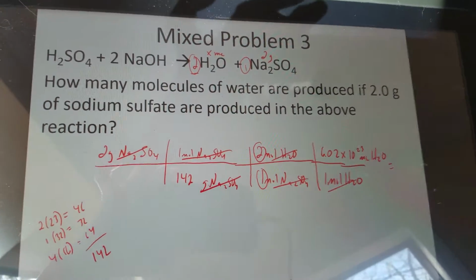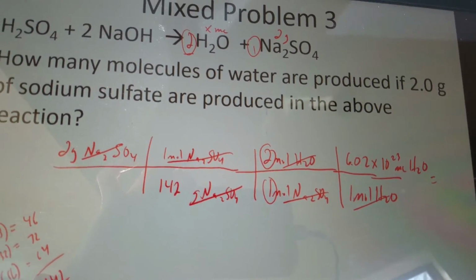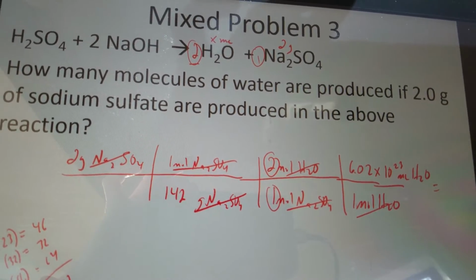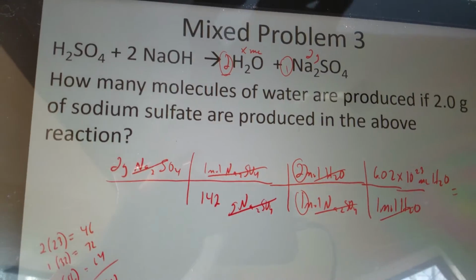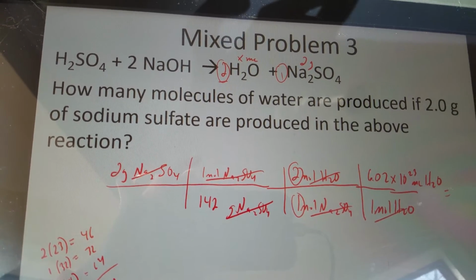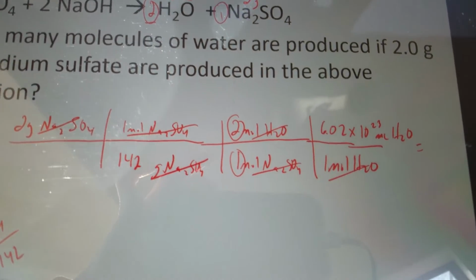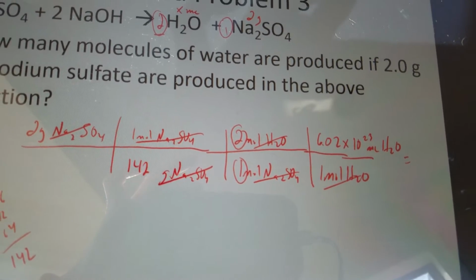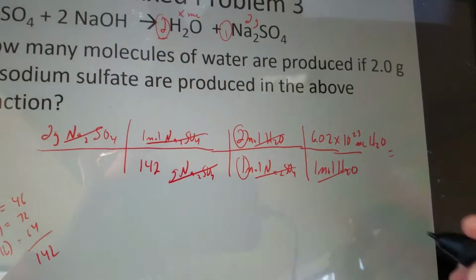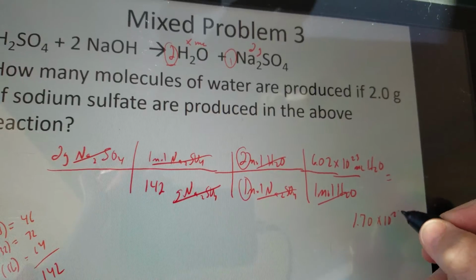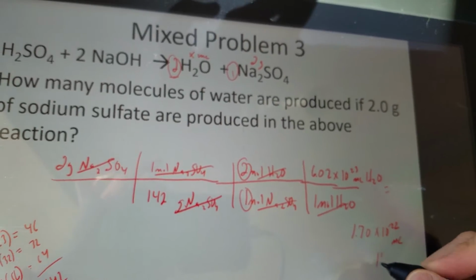So 2 divided by 142 times 2, and then times 6.02. If you're doing this on your calculator, it'll be 6.02, then the EE or EXP button, 23, and then equal. And I'm getting 1.70 times 10 to the 22 molecules of water. Remember units and formulas.